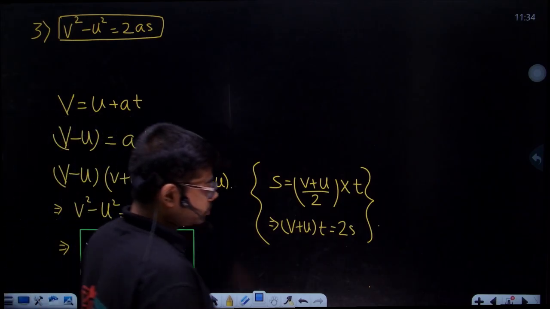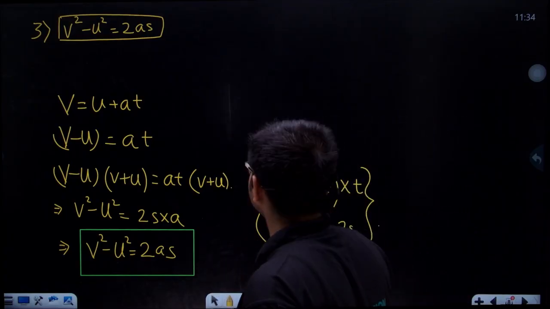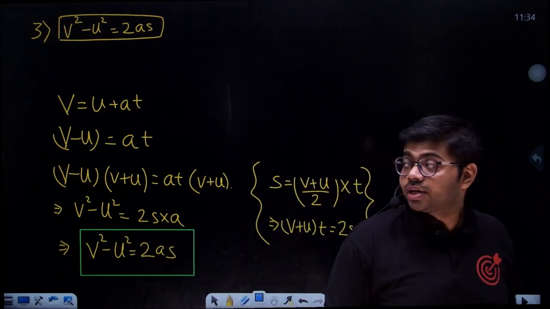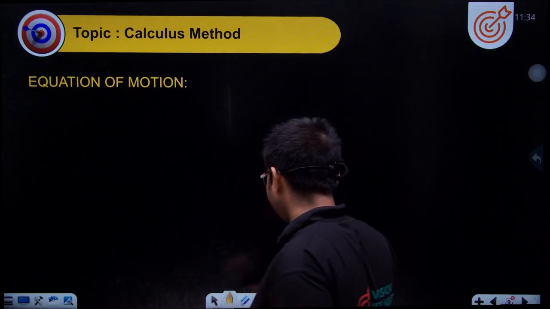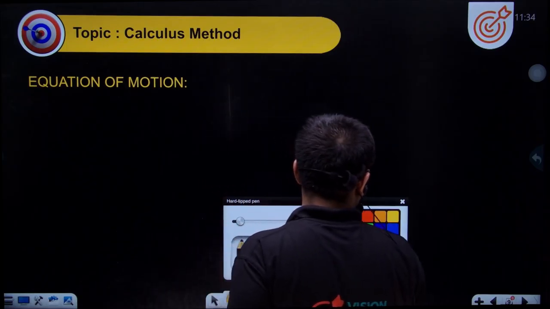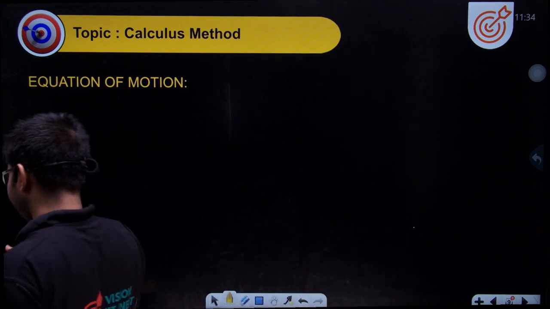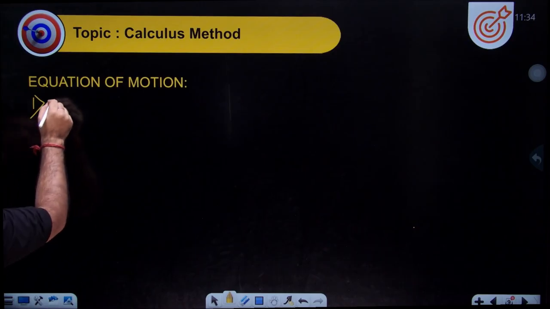Okay. So now we will derive these by the calculus method. First and foremost, let us see again what the first equation of motion is.